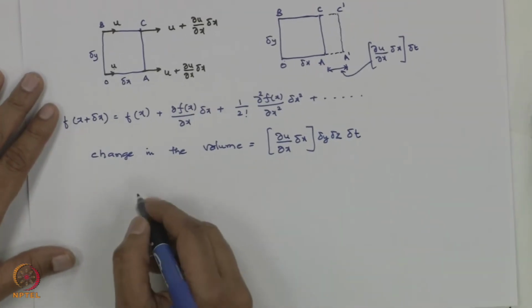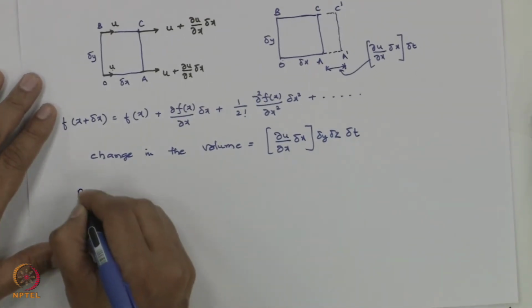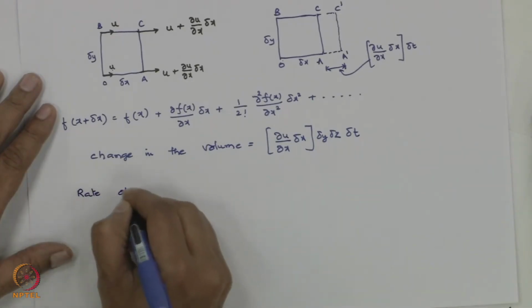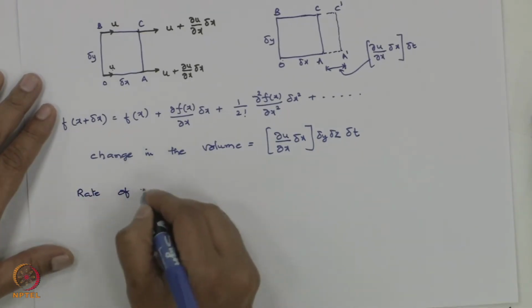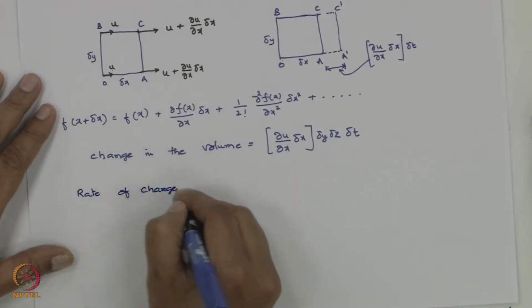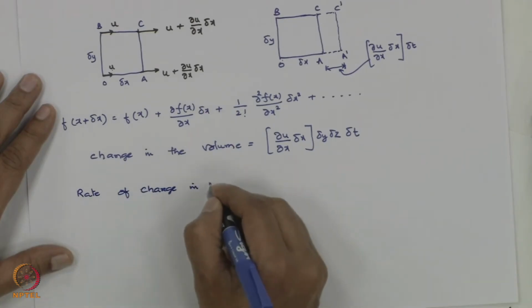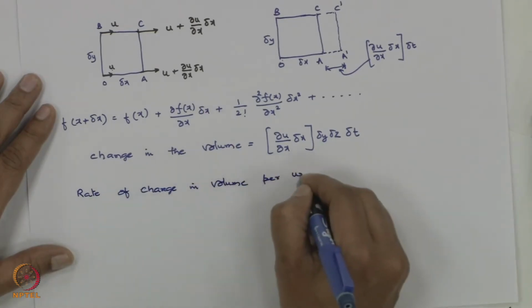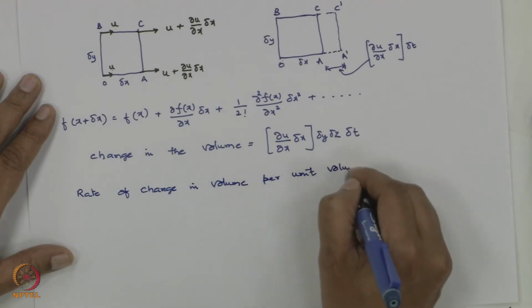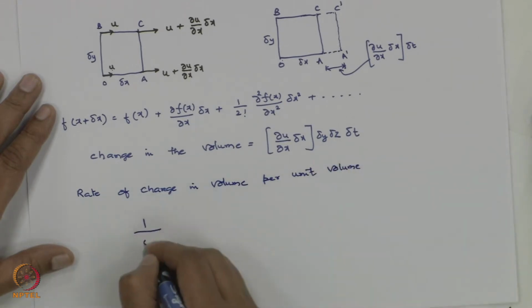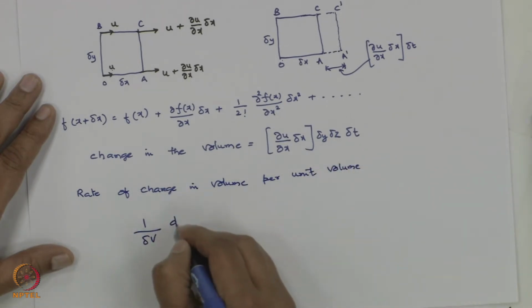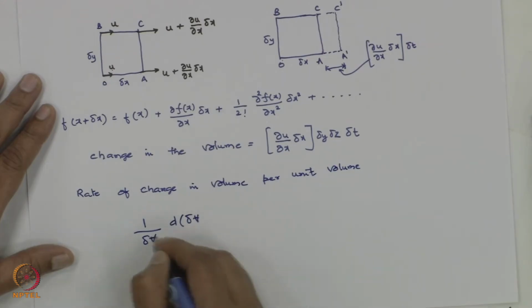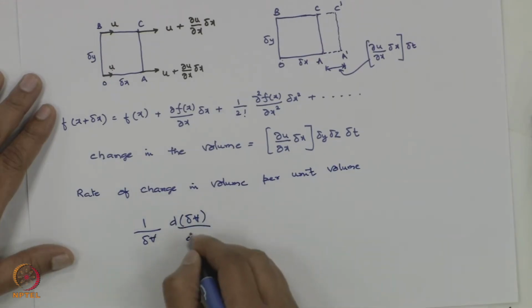Now, if I calculate the rate of change in volume per unit volume, that is 1 upon delta V, d of delta V, V is volume, divided by dt.